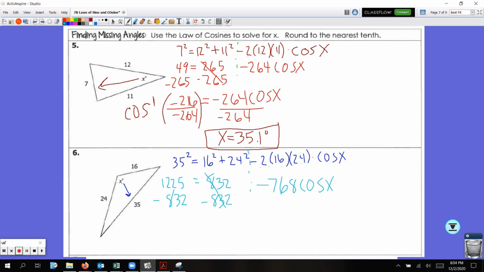All right, so 1,225 minus 832 is 393. That is equal to negative 768 cosine x. All right, we need to divide by that negative 768.